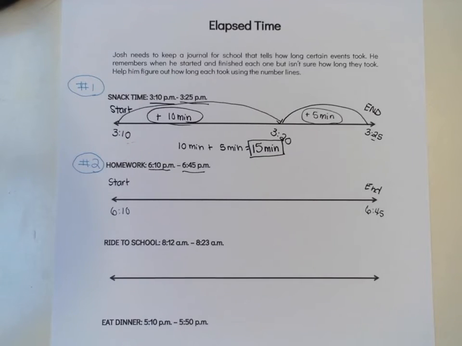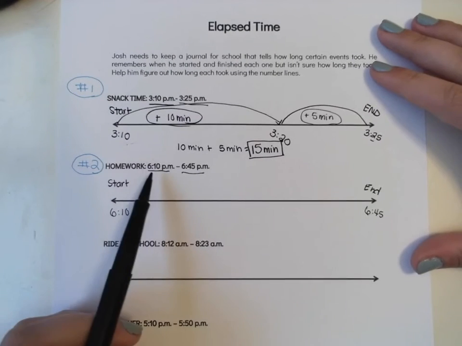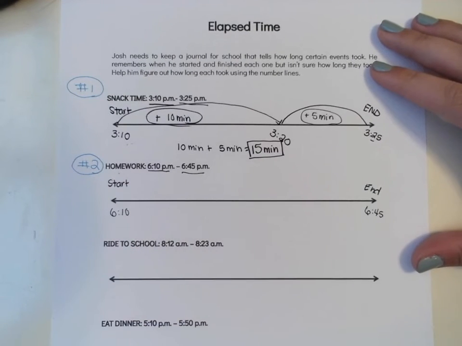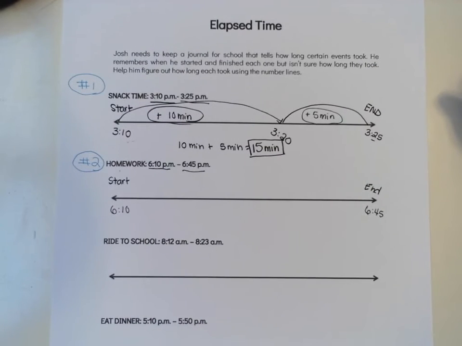All right, now that you have paused your work and hopefully you have solved the problem on your own time, I'm going to go through and show you how you would find the answer to our second problem. How long did it take for Josh to finish his homework? Okay, so we're starting at 6:10. There's a couple different ways that you could do this.